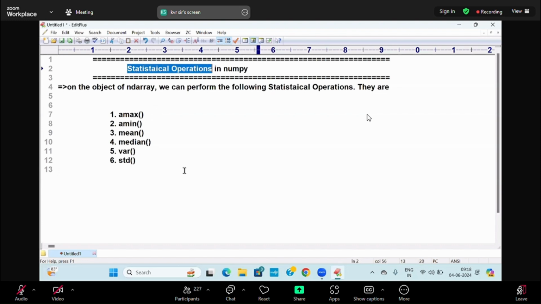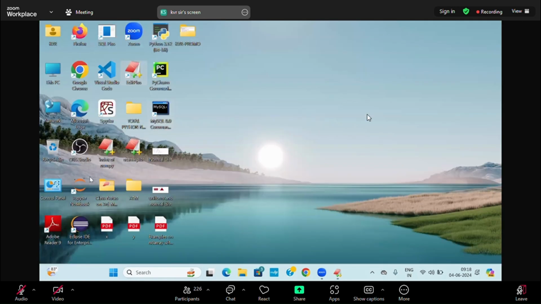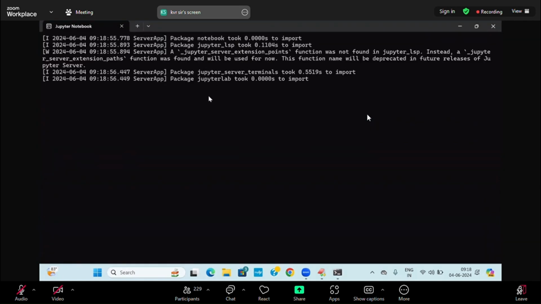Let us move to the place. I'll move to the Jupyter notebook. Launch the Jupyter notebook.